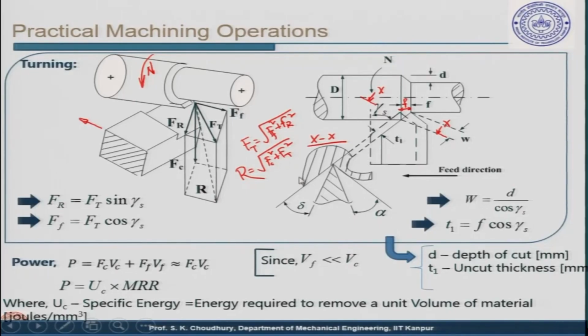This is the chip being formed; the chip is formed perpendicular to this face, and you can see it if you take this section. If you take the tangent to this chip, then with respect to the rake face of the tool, this will be the rake angle alpha.